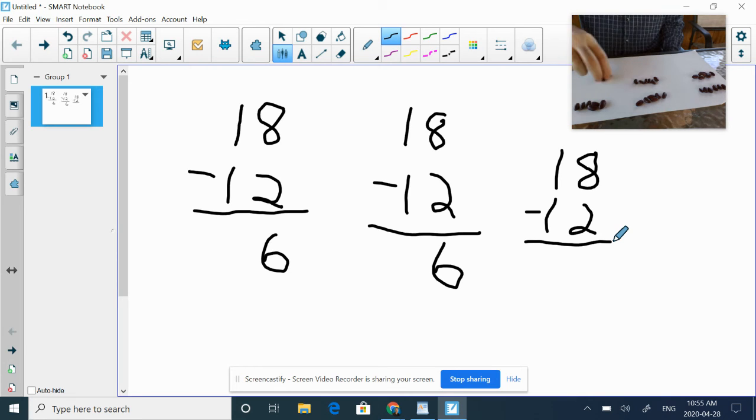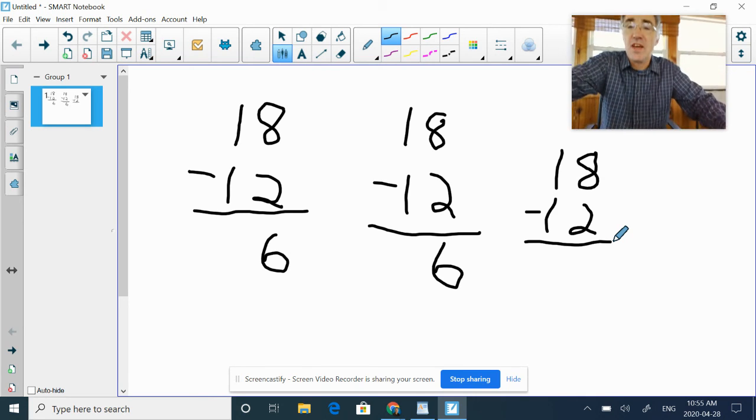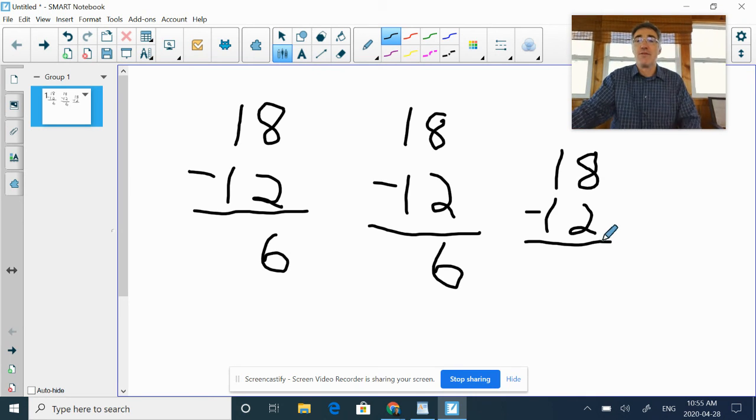If, for example, I was still dealing with like 20 though, I would still match up those groups of 6, and I would recognize I had 8 remaining in that case. But because I'm dealing with 18 and 12, again, my final answer is 6.